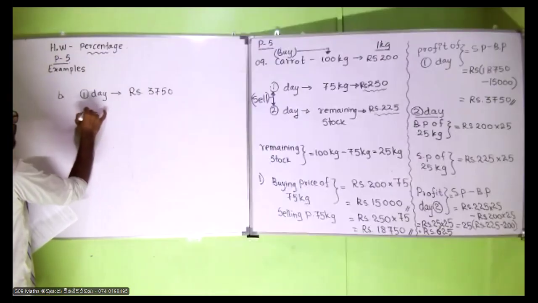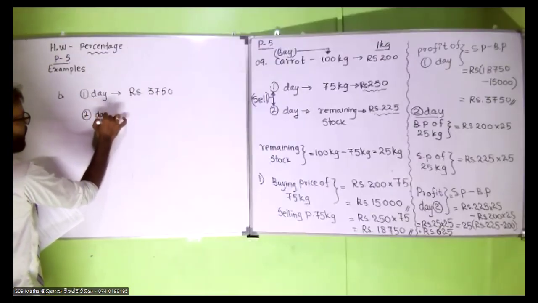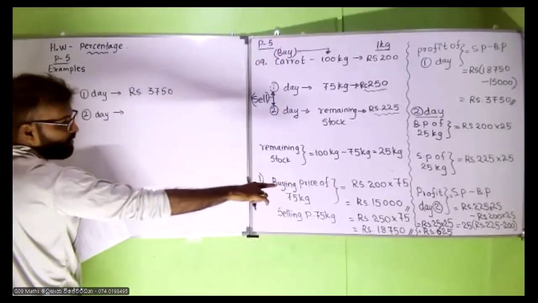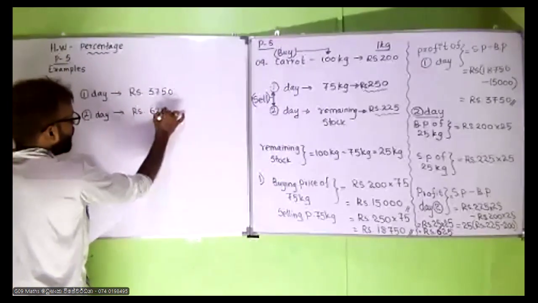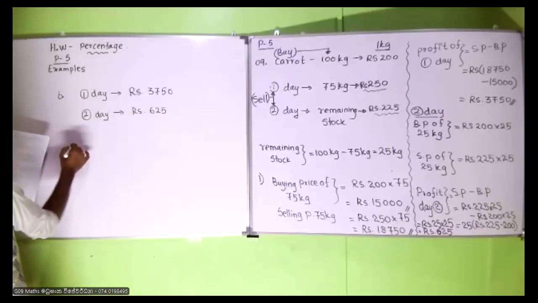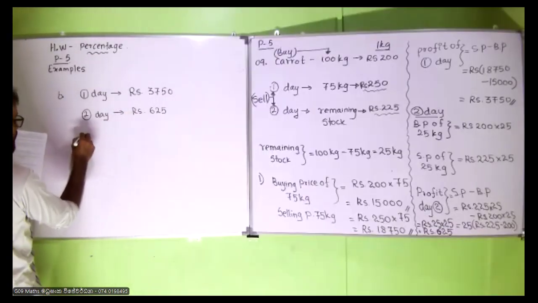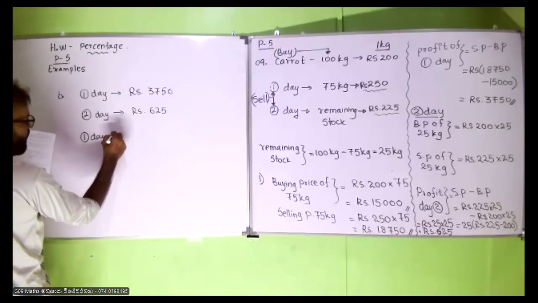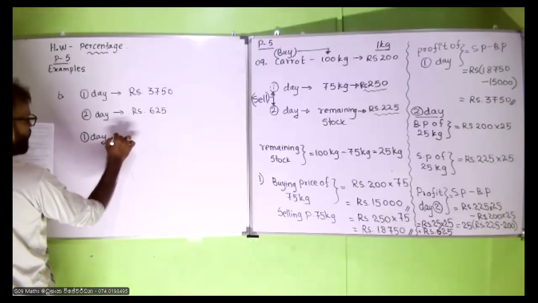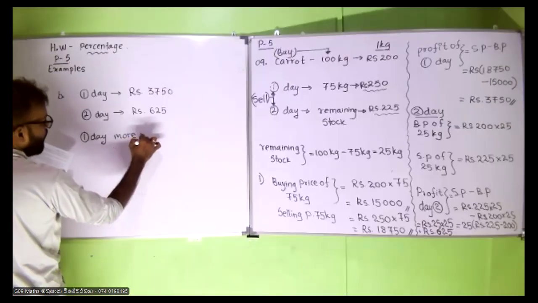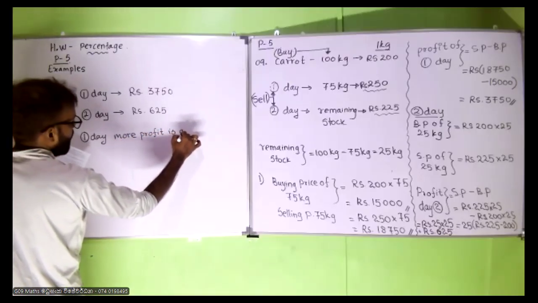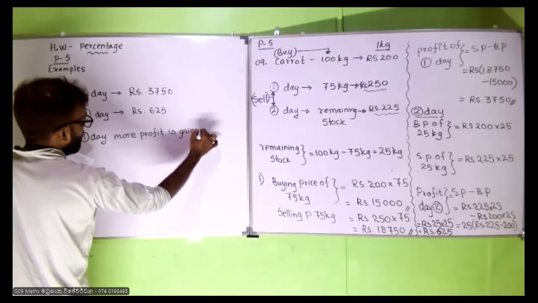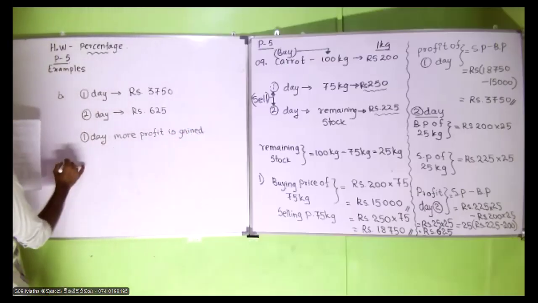In day 2, he is gaining a profit of 625. Correct? So which day is he gaining more profit? In day 1, more profit is gained. Okay.